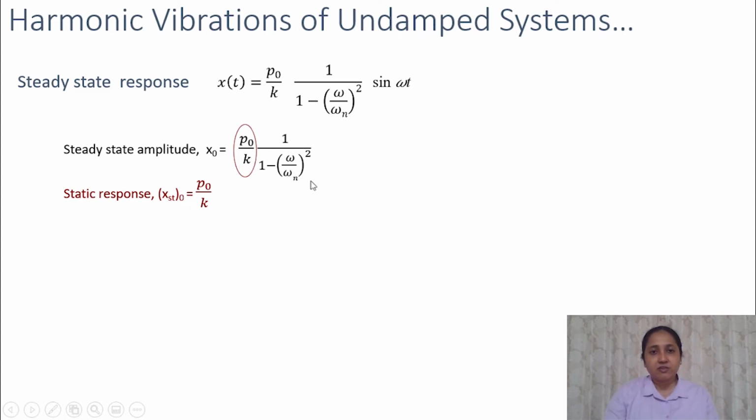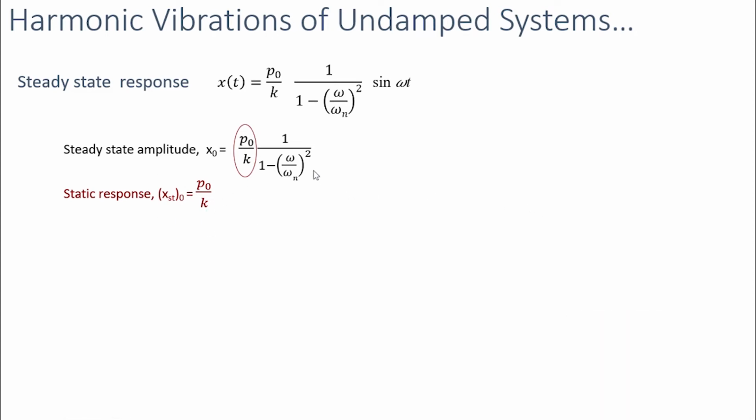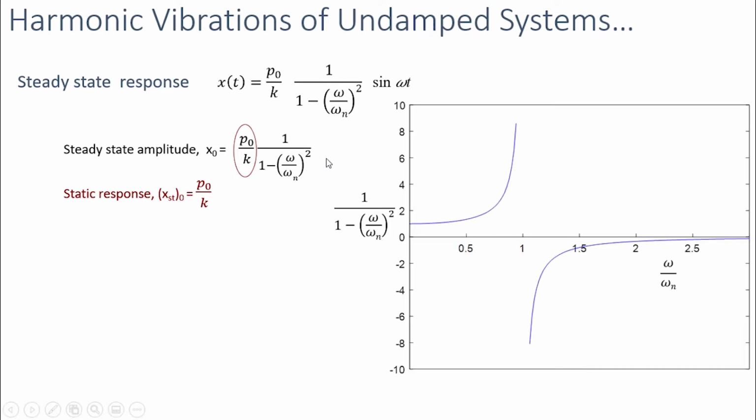If this factor is greater than 1, our dynamic response amplitude will be greater than the static response. And if this factor is less than 1, we will have a dynamic response with an amplitude even less than the static response. Now let's see how this factor varies with the value of the forcing frequency.